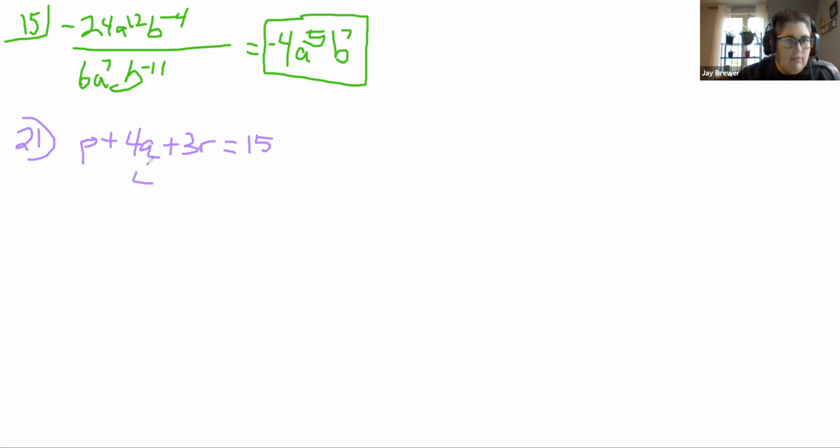And then you're given 4Q plus 3R equals 19. And then you're actually given R equal to negative 3. So that's kind of nice because then you can just come right up from R and you can rewrite and find Q.